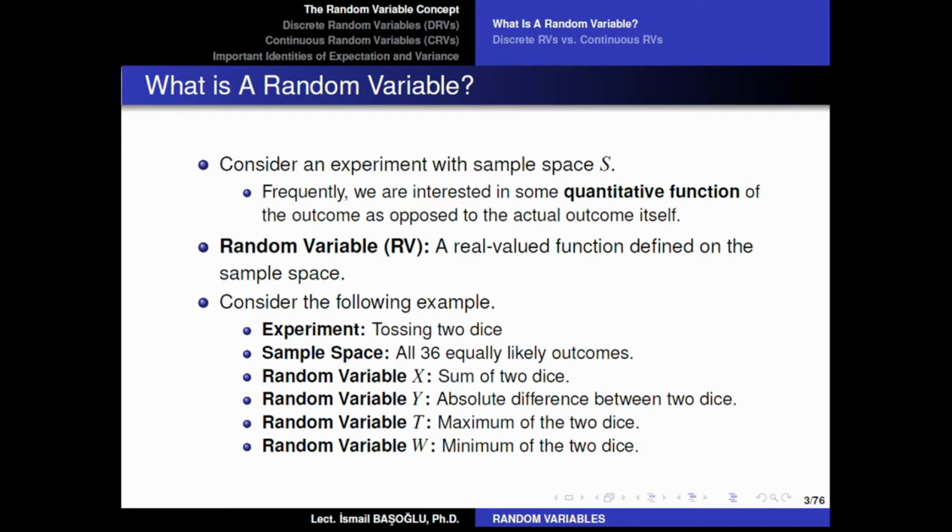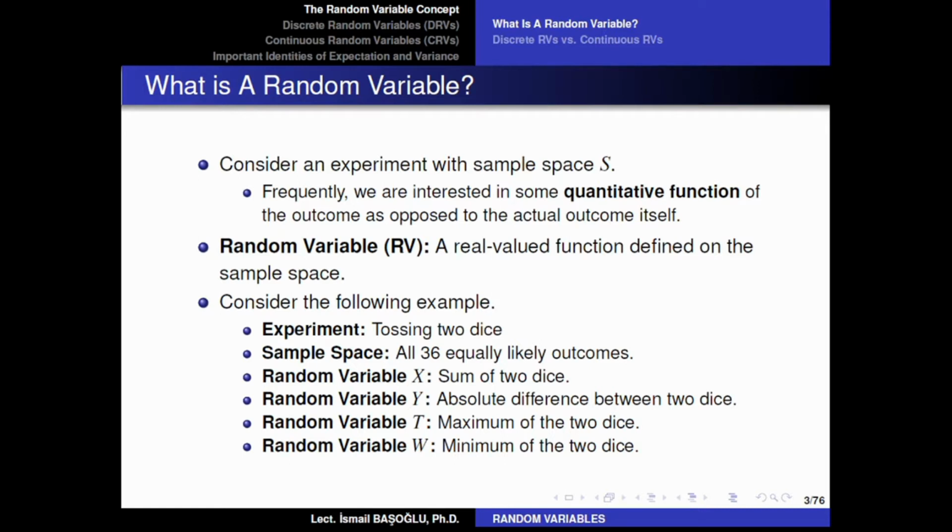However, frequently we are interested in some quantitative function of the outcome as opposed to the actual outcome itself. So we are interested in, for example, the temperature of the atmosphere. So this kind of quantitative terms, we are much interested in. So instead of considering the qualitative outcomes, we convert them into quantitative terms.